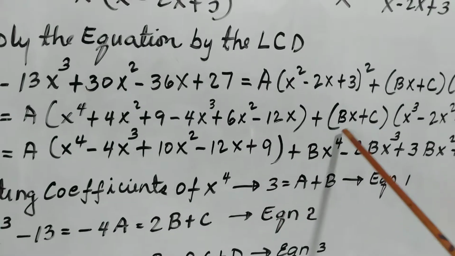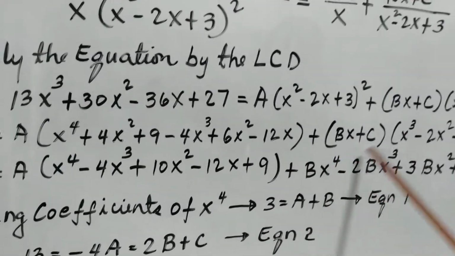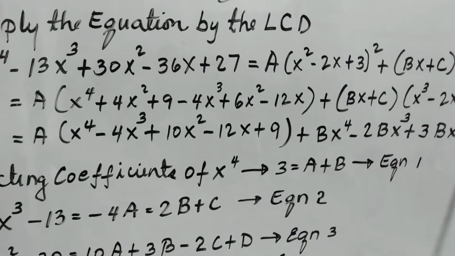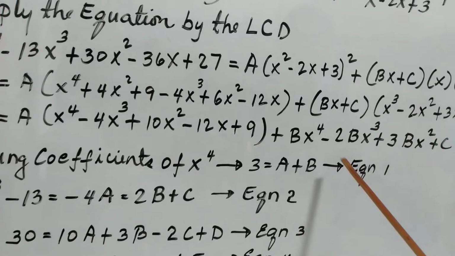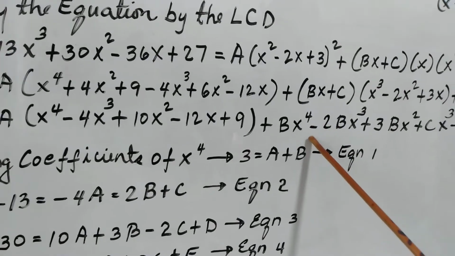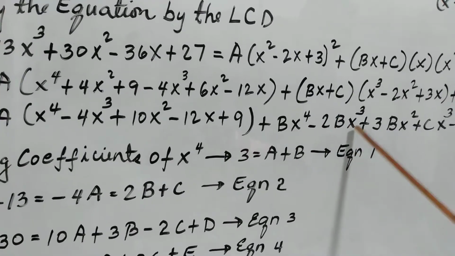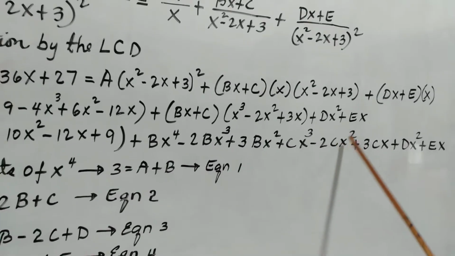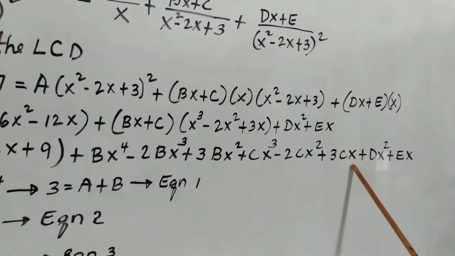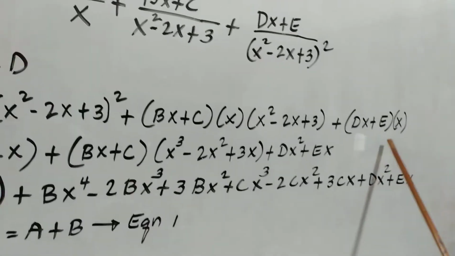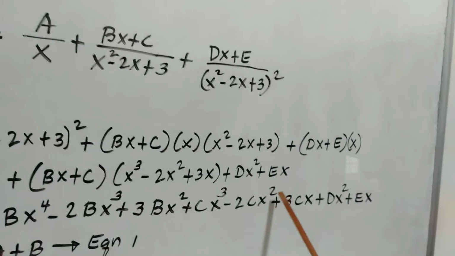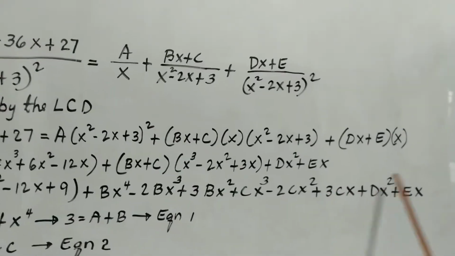Here we multiply also Bx by this trinomial, and C by this trinomial. So we get Bx to the fourth minus 2Bx cubed plus 3Bx squared plus Cx cubed minus 2Cx squared plus 3Cx. And then this one, after multiplying, I'll just copy the terms here: Dx squared plus Ex.